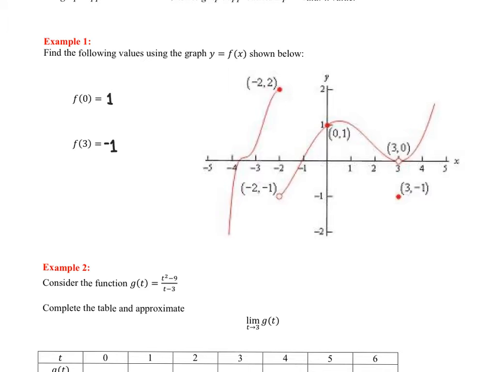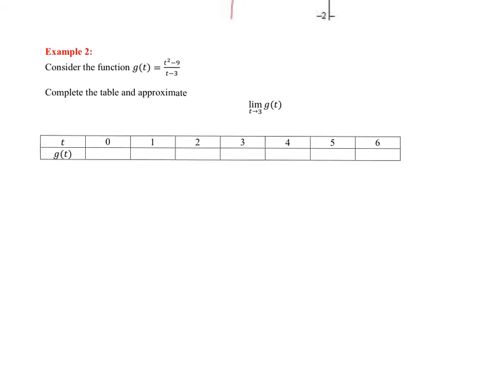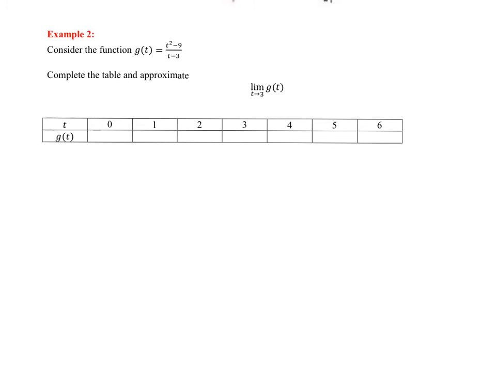Okay, let's look at a second example. Consider the function g of t equal to t squared minus 9 over t minus 3. Complete the table, and then let's approximate what we think the limit would be as t approaches 3 of g of t. Okay, so let's plug in a 0.